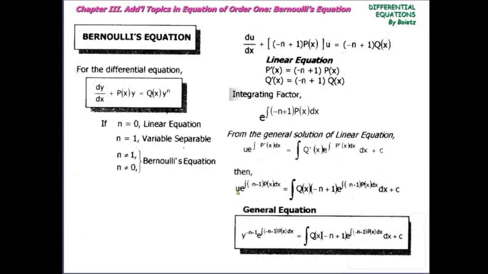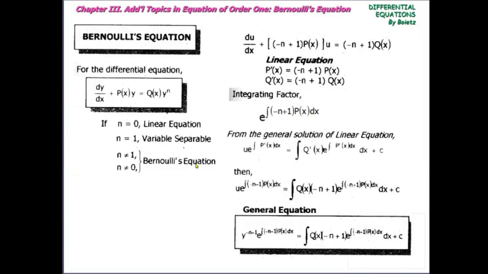So kaya mangyayari, this will become y to the negative n plus 1 times the integrating factor, which is e to the integral of quantity negative n plus 1 px dx is equal to the integral of qx negative n plus 1, the integrating factor dx plus c. So ito na ngayon yung general solution ng Bernoullis equation.